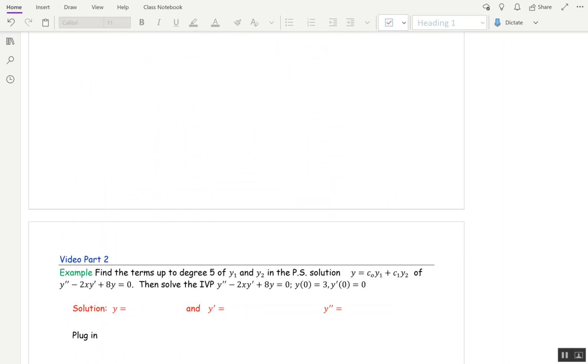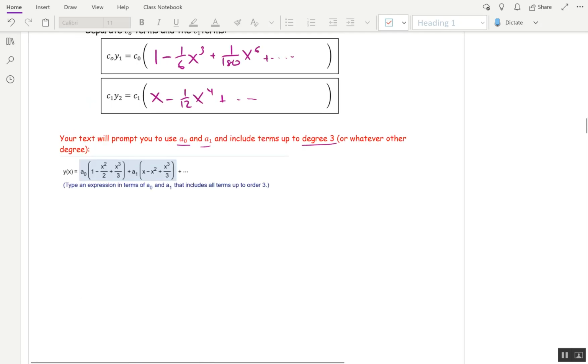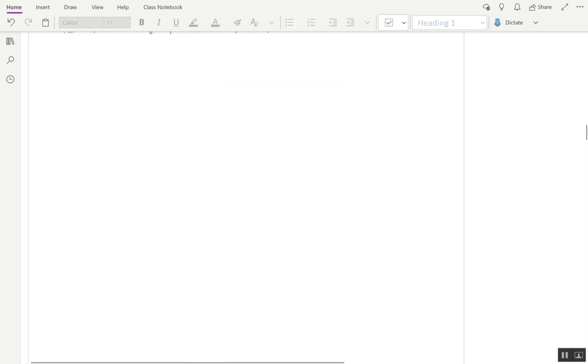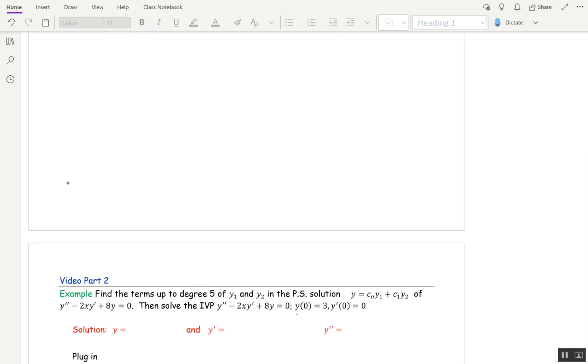You might want to just try it on your own without me, because you can certainly do it at this point, and then check into the next video to see how you did. The only thing different about this one is that after you solve for y1 and y2, you're going to have initial conditions which will allow you to find C0 and find C1.